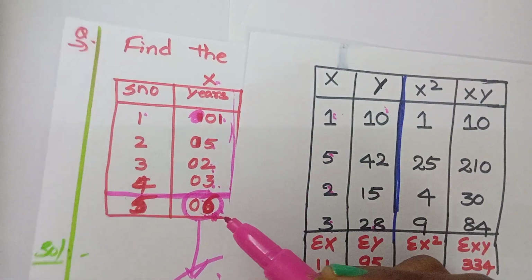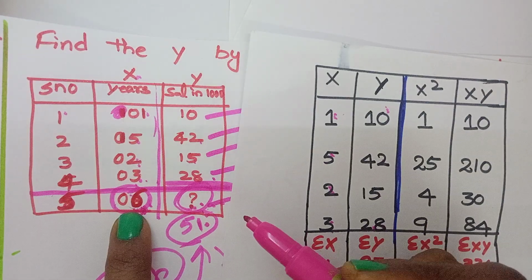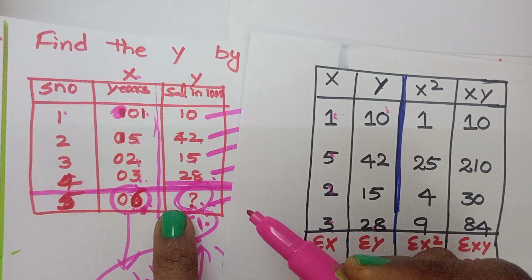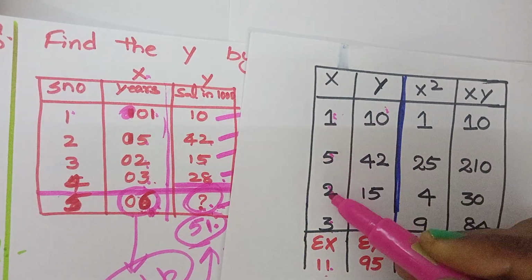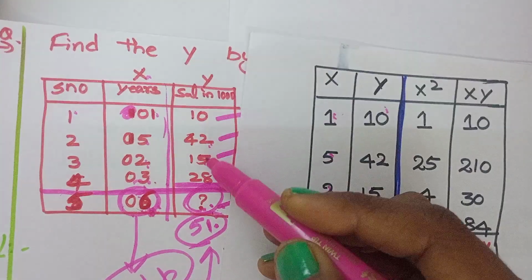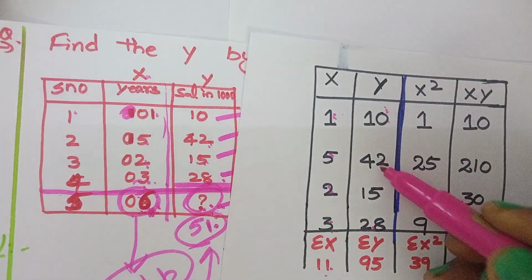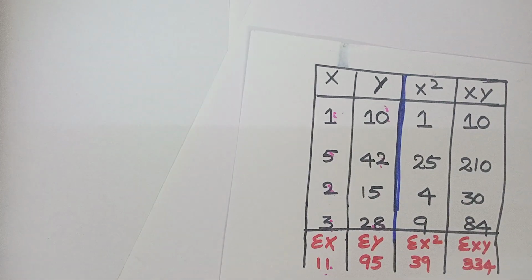For 6 years of experience, how much salary, that we need to calculate. So you need not take this one. 1, 5, 2, 3 up to this is taken, and y is 10, 42, 15, 28. Now a and b you need to calculate.